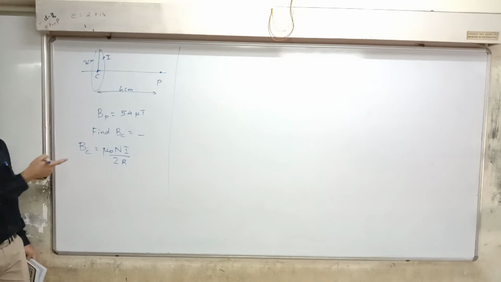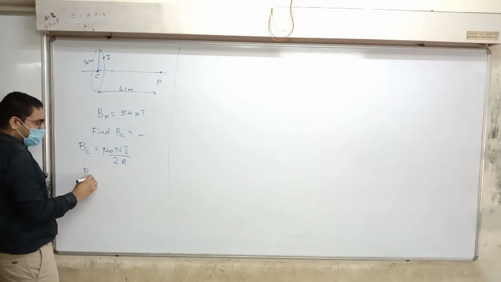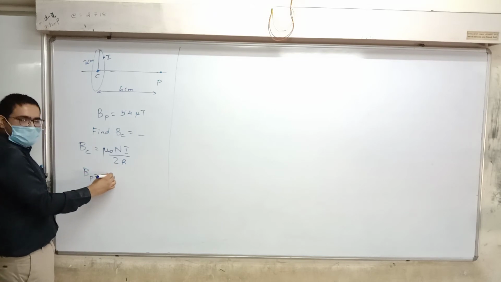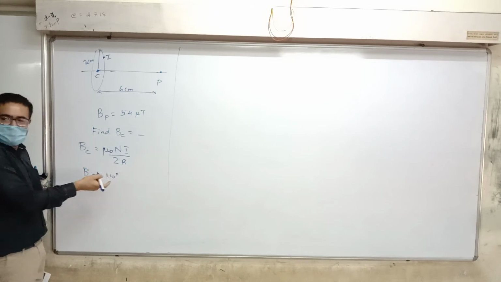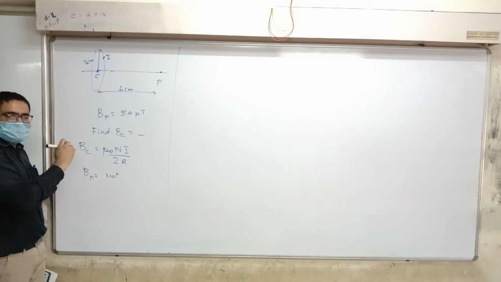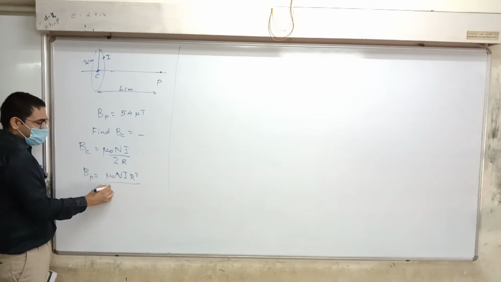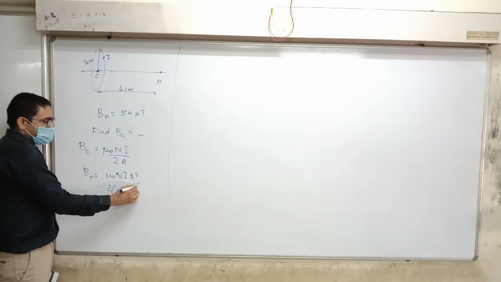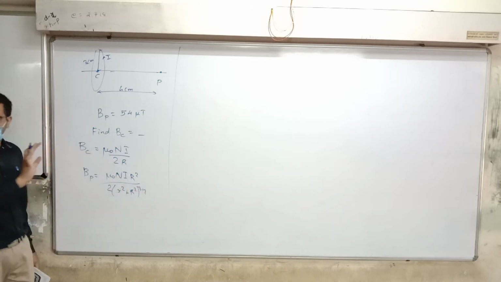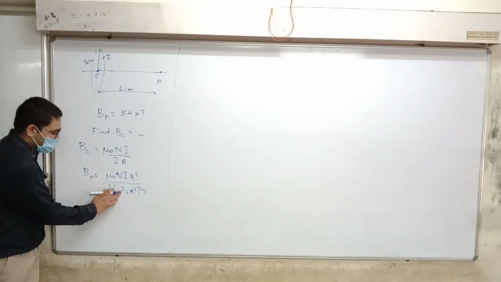And at some point on the axis, the formula is mu0 n I r squared upon 2 into (x squared plus r squared) raised to 3/2. If we call this x, you can write r, no problem.